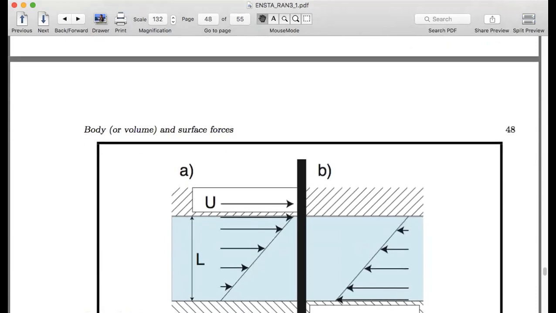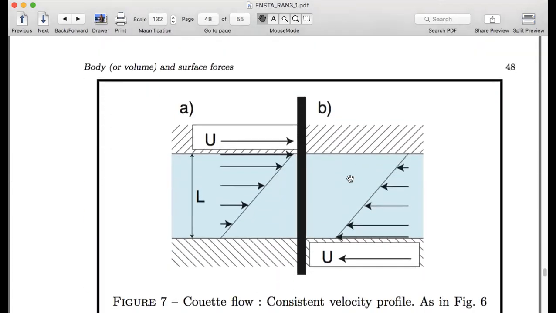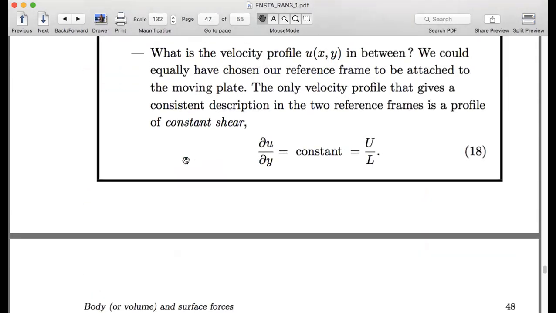That's what I meant by drawing a straight line here, showing that the velocity increases linearly with distance perpendicular to the plate. And it has to arrive at capital U when we've gone a distance capital L. So this velocity gradient is big U over big L.